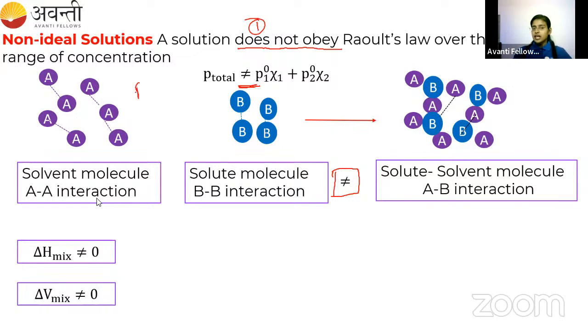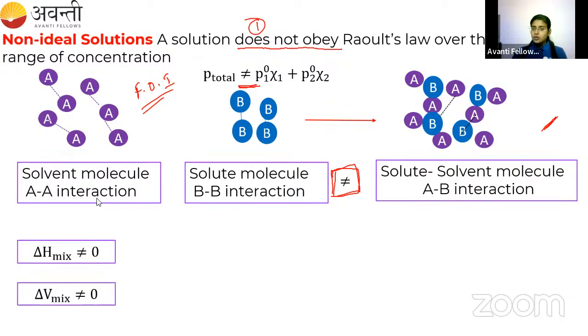The forces of interaction between the solute and solvent molecules will not be equal. In the previous ideal solution case, the solution interaction, solvent interaction and solute interaction were all equal. But here, the solution interaction is not going to be equal with the solvent and solute interaction.